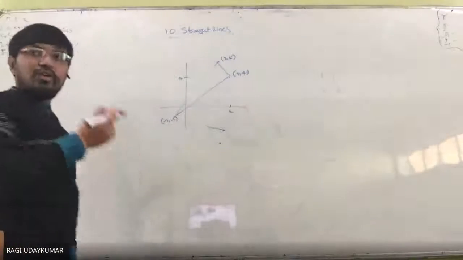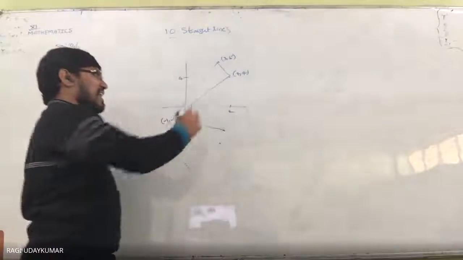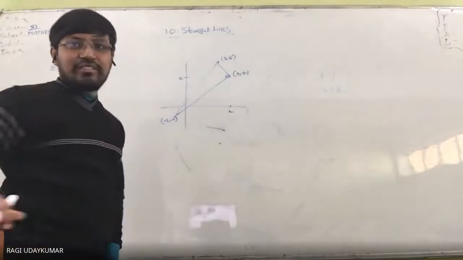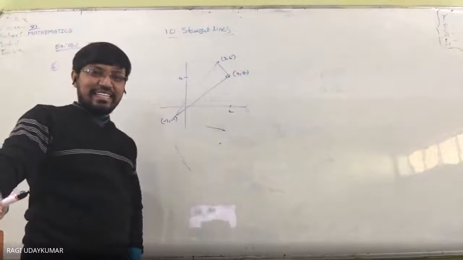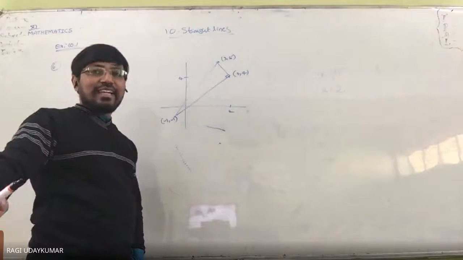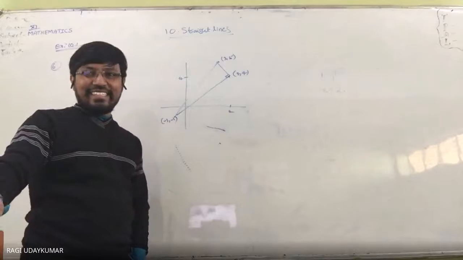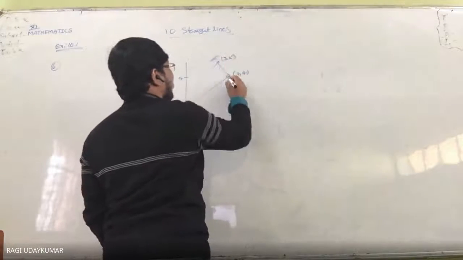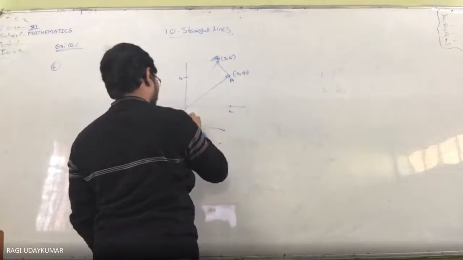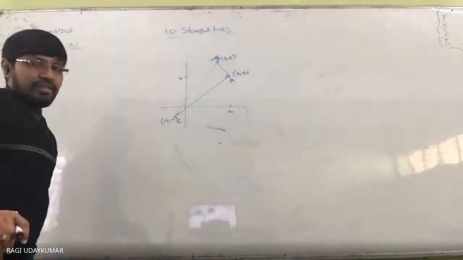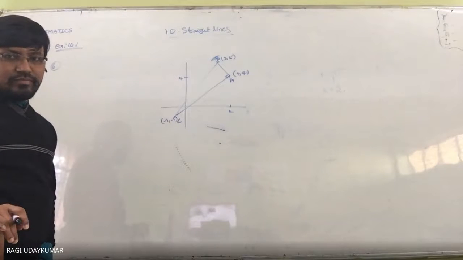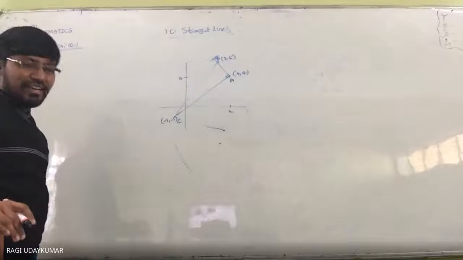See, sir, done. One student has drawn the figure and said, sir, I have not used the Pythagoras theorem, and proved it is a right angle triangle. How do you find it? Slopes, without using Pythagoras theorem.